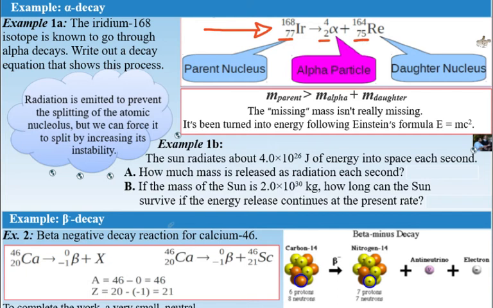And from 186, 4 went with the alpha particle, and the rest of them stayed with the daughter isotope.